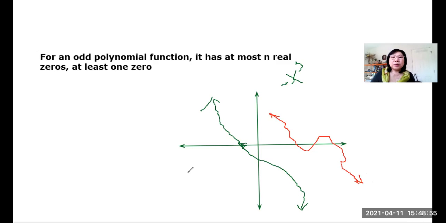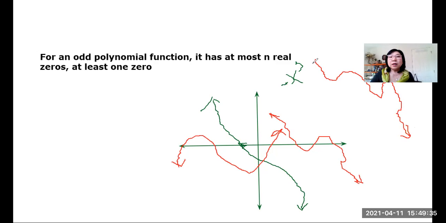Let's say you start here, or even if you start from down here, and then it goes here, and it goes back here, right? So one goes down in this direction, one goes up like this. So because one of them is down, one of them is up, it has to cross the x-axis at some point. Even though you start the function from here, and you think that, oh, this is not going to be able to cross the x-axis, but actually look at the direction.